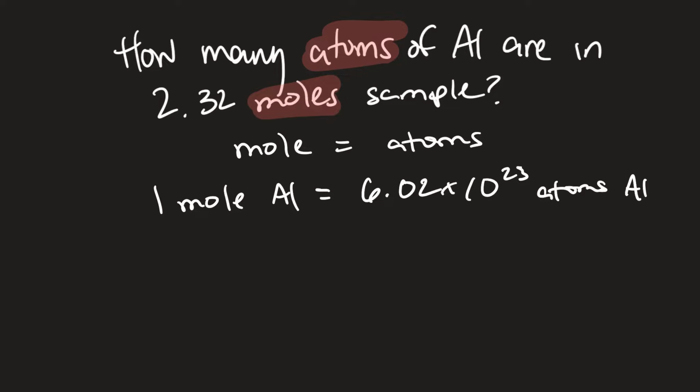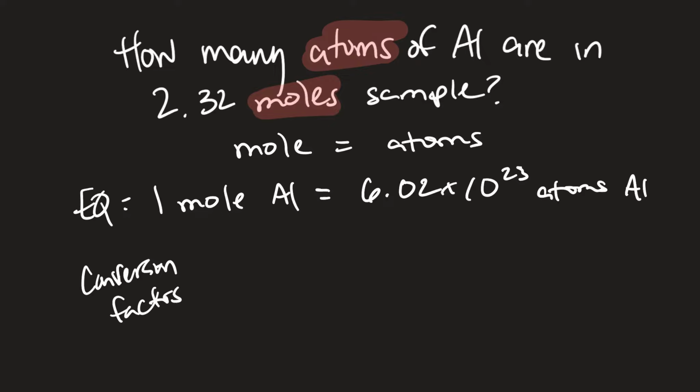Well, we know the equivalence statement. All right. We know that for every 1 mole of anything, but in this example, aluminum, we have 6.02 times 10 to the 23rd atoms of aluminum. Okay. So we have that. So that's our equivalent statement. Now let's come up with our conversion factors. So what possible conversion factors can we come up with?